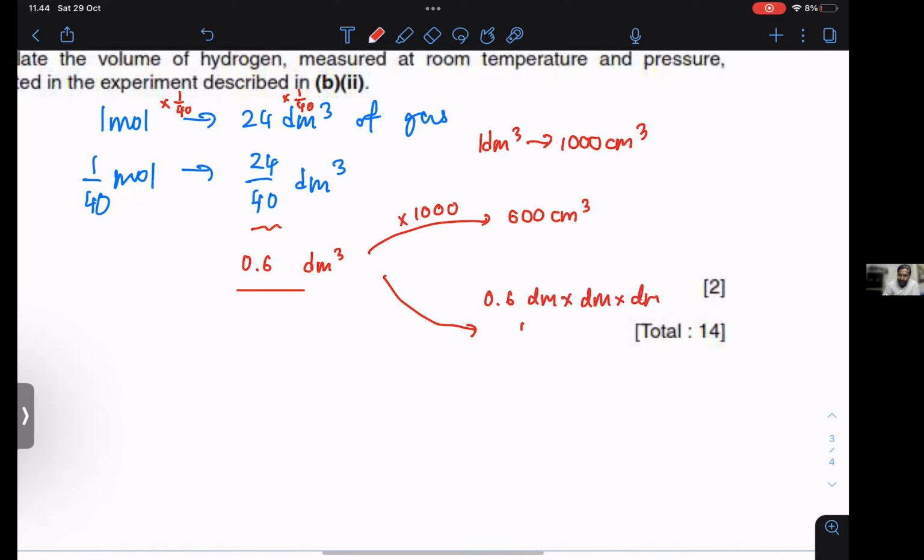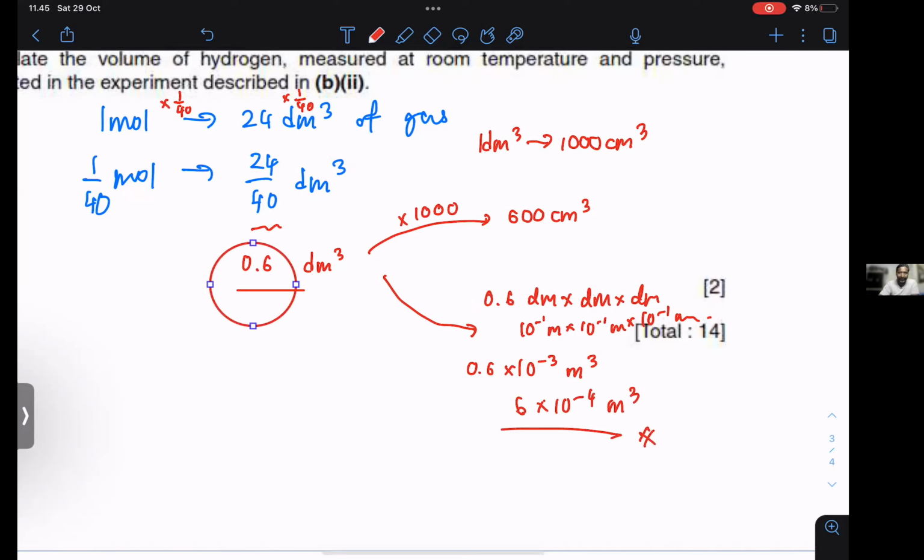D is 10 negative 1, so it's total 10 negative 3 meter cube. So this one is 6 times 10 negative 4 meter cube. If you want to change it to meter cube, please take note. But leave it here, this is the best.